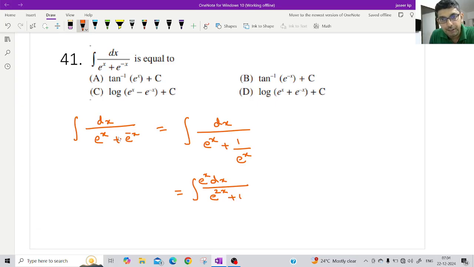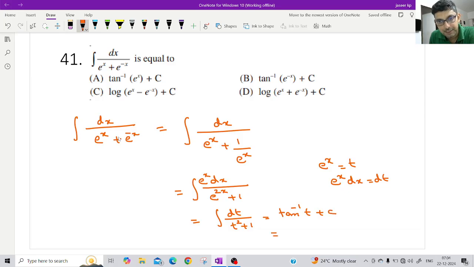Now if you take e power x equals t, then e power x dx will be dt. So that means this will come as dt by t square plus 1, which can be integrated as tan inverse of t plus c.